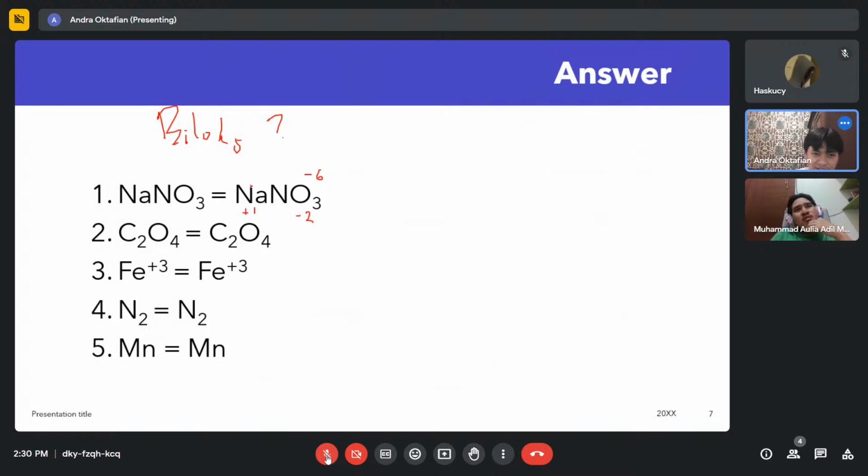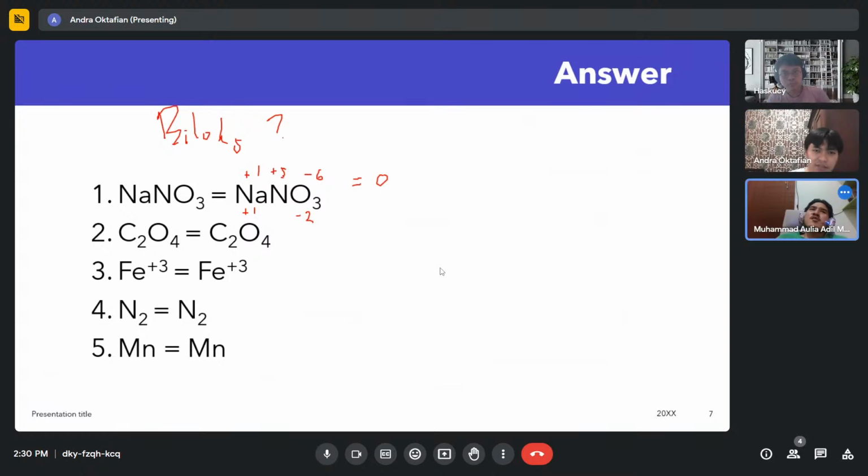The rule is that the total of the oxidation numbers should be 0. So the conclusion is that nitrogen will be +5, because the +6 and the -6 will result in 0. The end result should be 0.